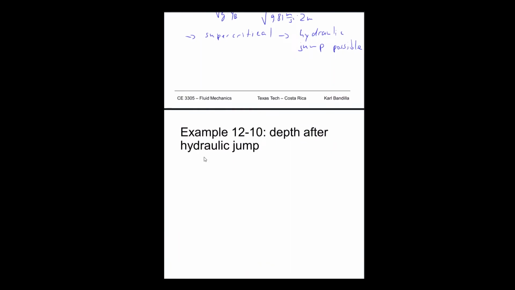Excellent. So now that we know it's possible, we can calculate it. All right, we have our formula. Usually we'd have y2 over y1, but here we have YC over YB, which is equal to 1/2 times the square root of 1 plus 8 times Froude at B squared, minus 1.